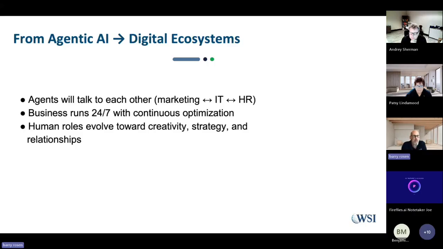So what that means is that businesses will run 24/7 and bots will be talking to bots at that point. They'll just be answering each other and completing workflows and transactions. And then human roles will evolve more towards creative and strategy and relationships versus worrying about execution of tasks.